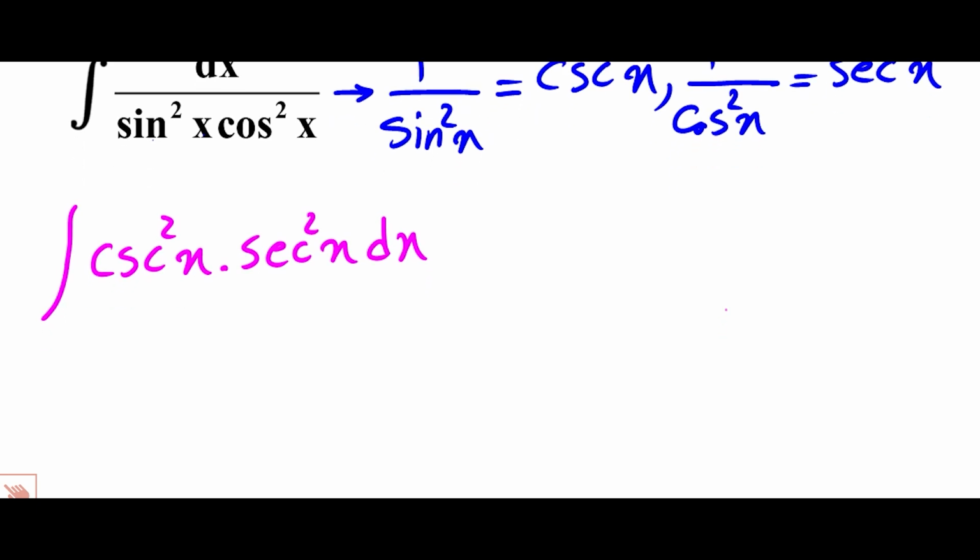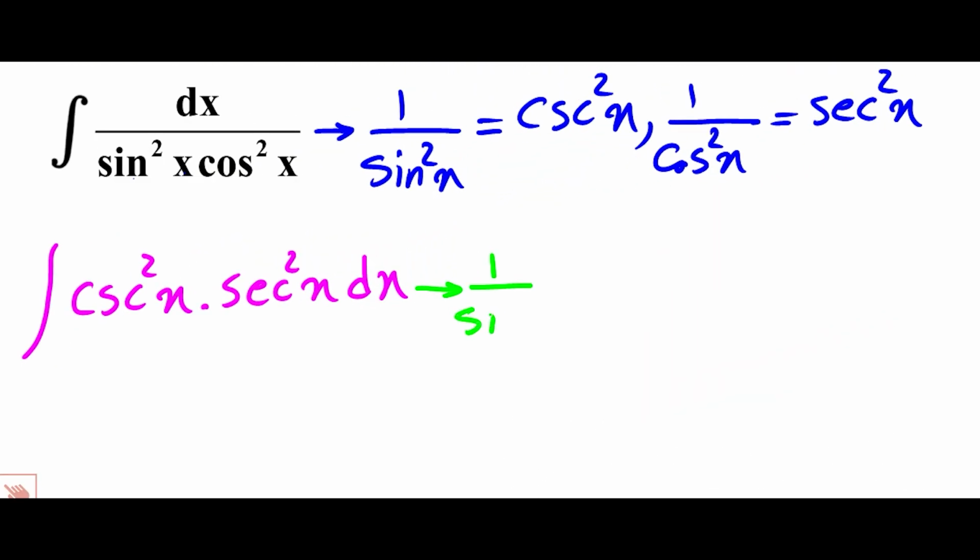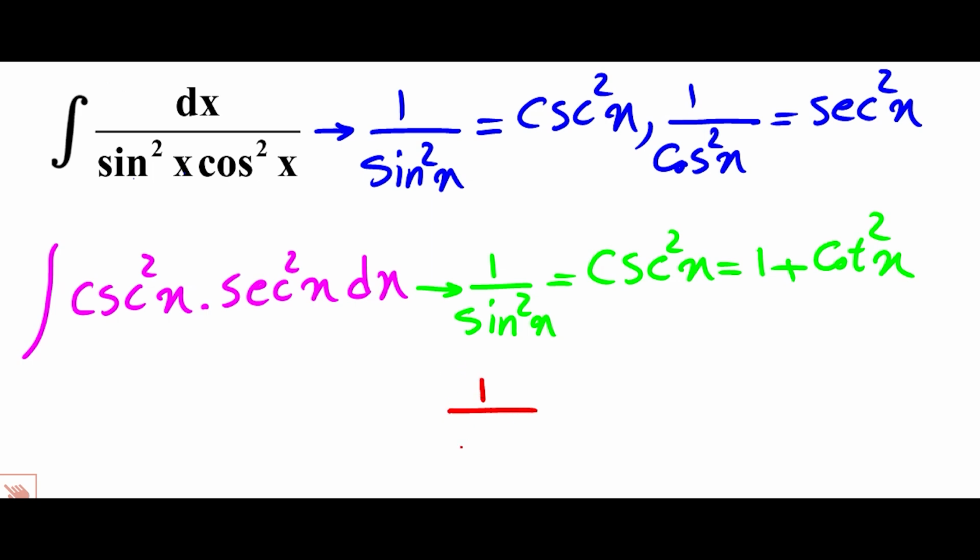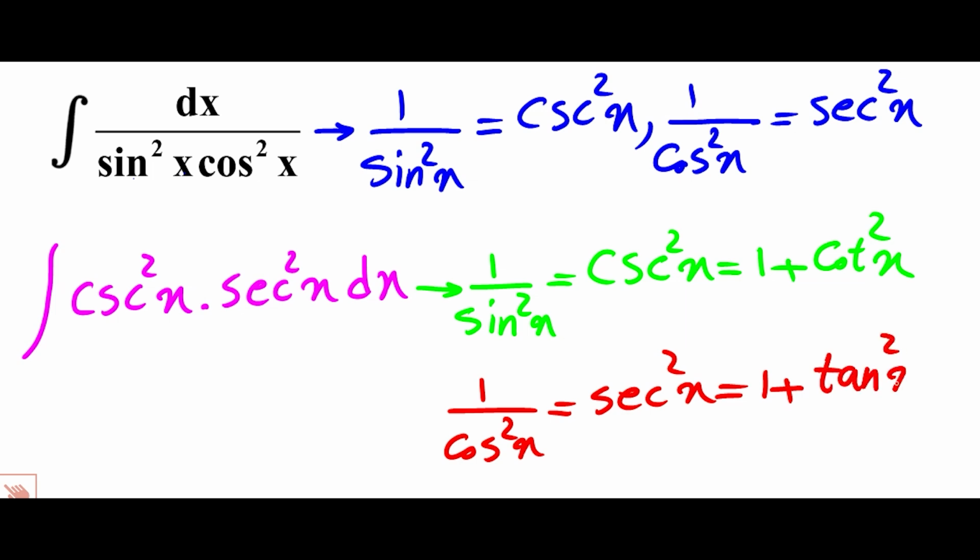And always remember, 1 over sine squared x equals cosecant squared x equals 1 plus cotangent squared x, and 1 over cosine squared x equals secant squared x equals 1 plus tangent squared x. It's very, very important.